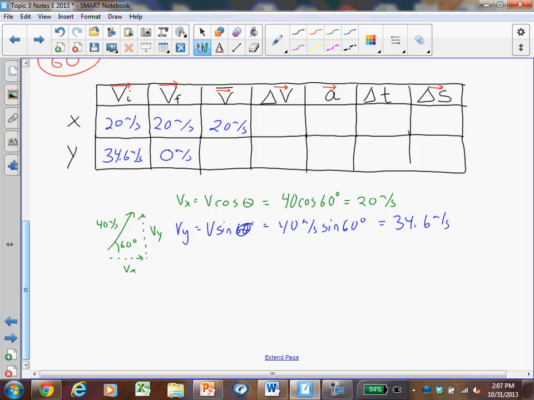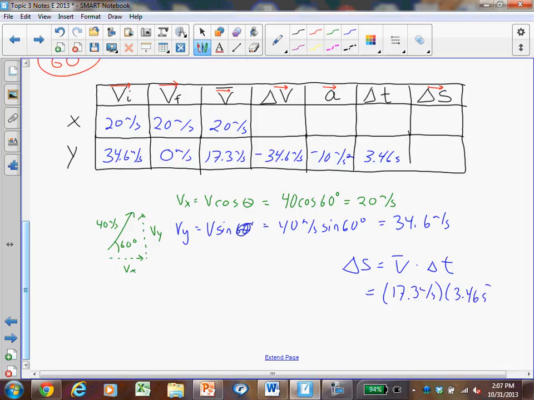The average is 17.3 minus 34.6 minus 10, 3.46 seconds. V bar to get the distance up in the Y. .8 round up, so about 60 meters up we go.